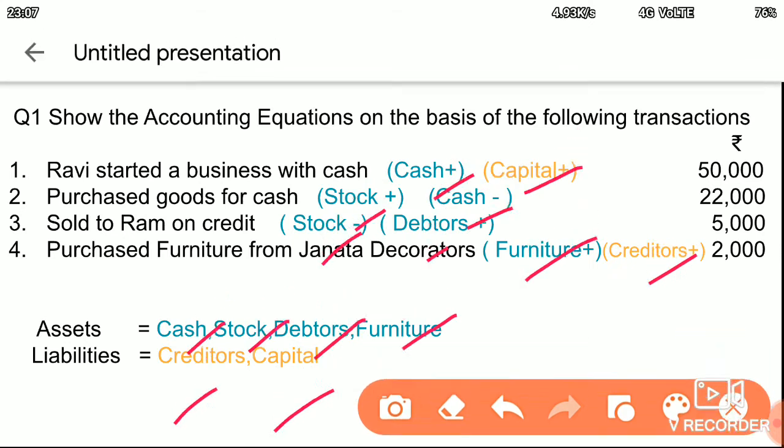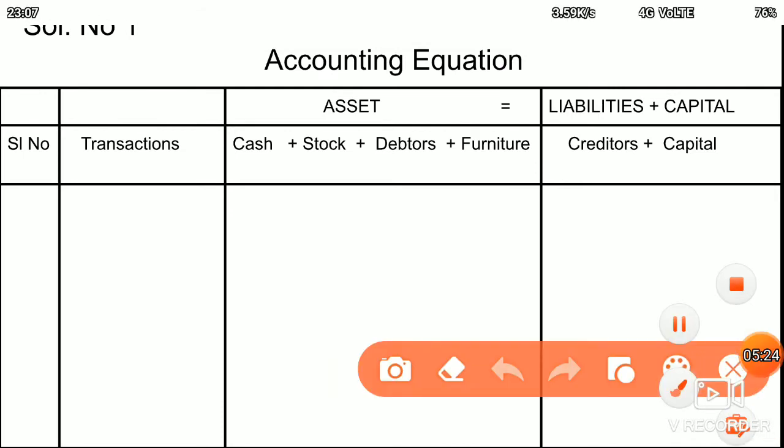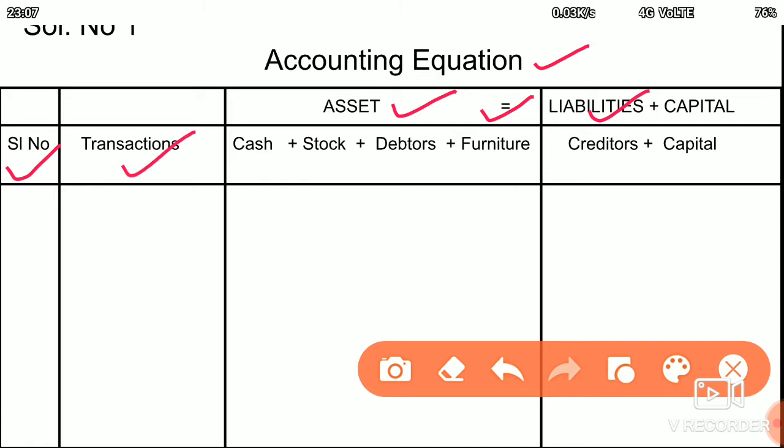So now let me show you the format of the accounting equation. This is the format that we have. You will draw the format in this way, and on top you will write accounting equation. Then in the first row, you will write assets is equal to liabilities plus capital. Then in the first column, you'll write serial number, followed by the transactions, then the accounts that we have already identified.